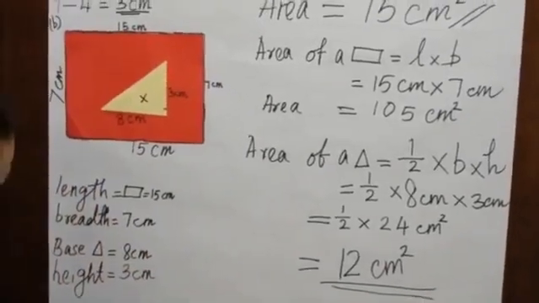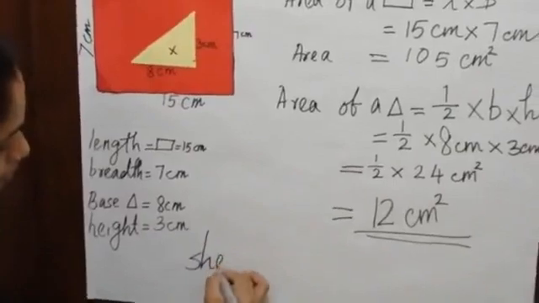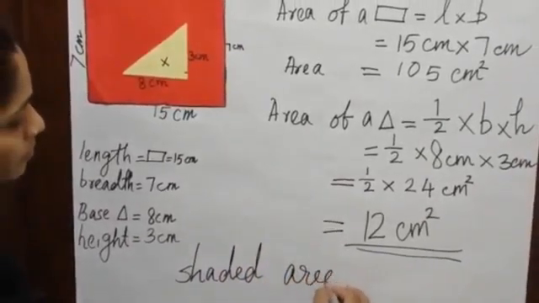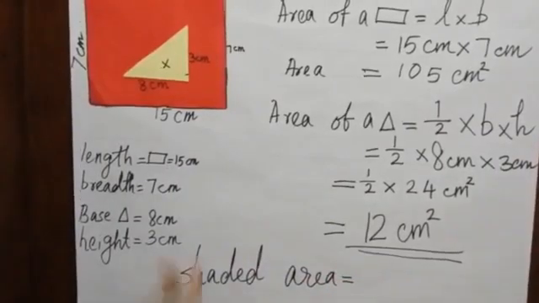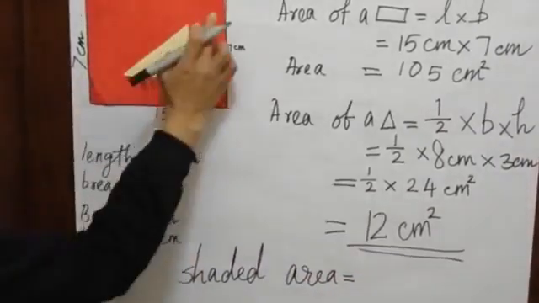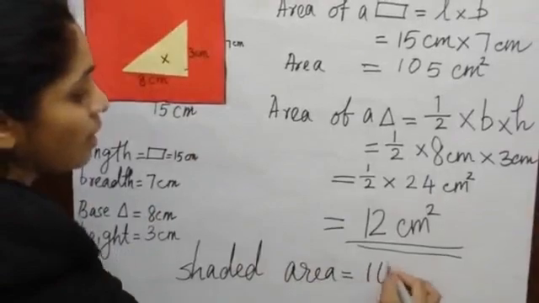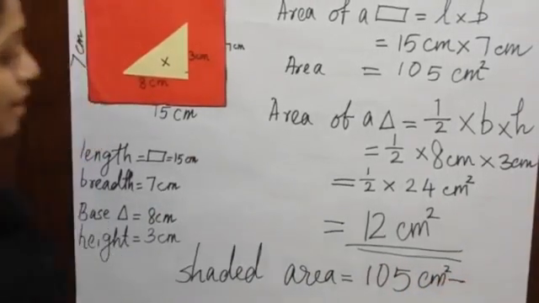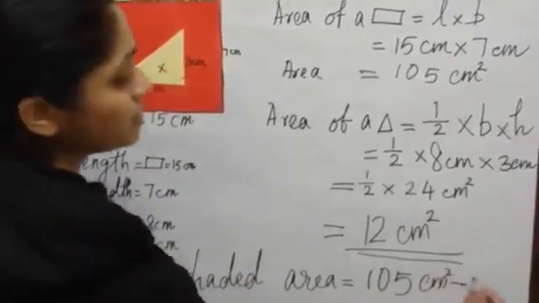We will write shaded area equals. How to find the shaded area? From 105 subtract the not shaded part.